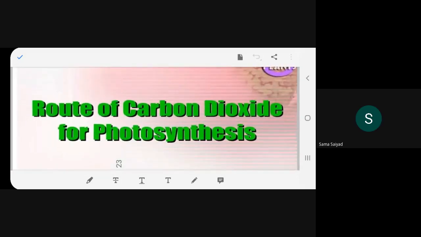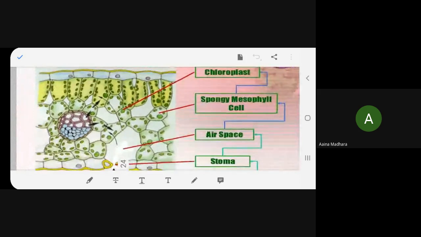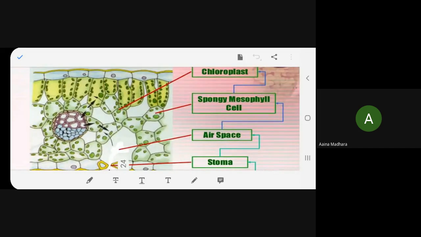Now we will see how carbon dioxide is essential for photosynthesis. How carbon dioxide enters the body of the plant. Can anyone tell me how carbon dioxide enters the body of the plant?